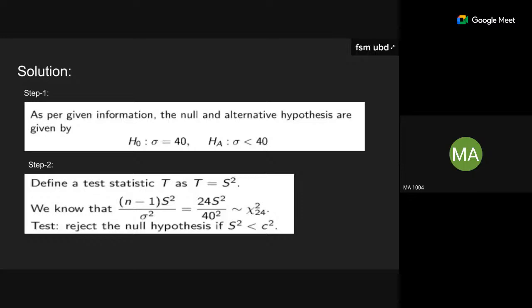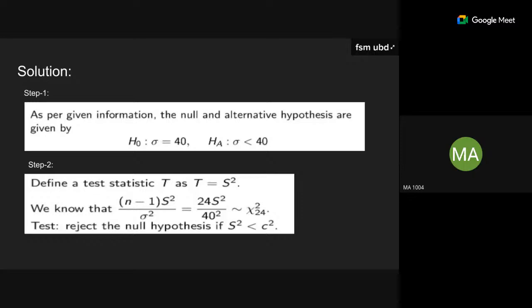So we will be computing, we try to get the C square value. In order to get the C square value, we need alpha, and alpha is given to us as 0.05.